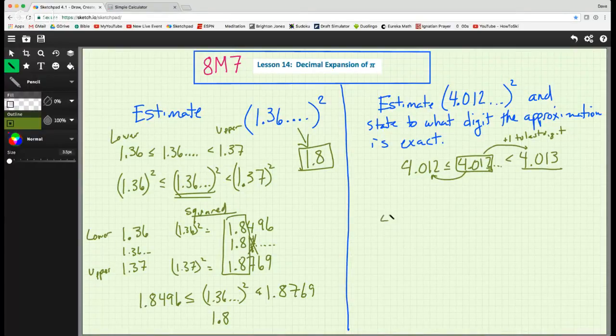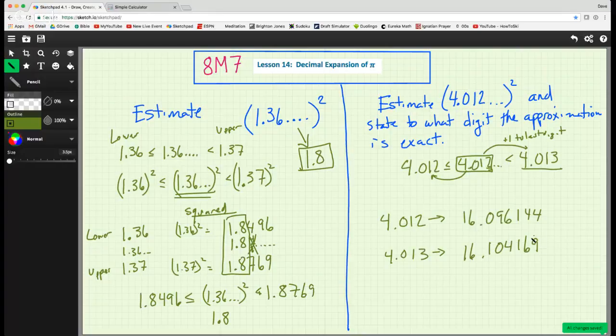So we're going to do our lower bound, and we're going to take 4.012, and then we're going to take 4.013, and we're going to square both of them. 4.012 squared equals 16.096144, and 4.013 squared is equal to 16.104169.